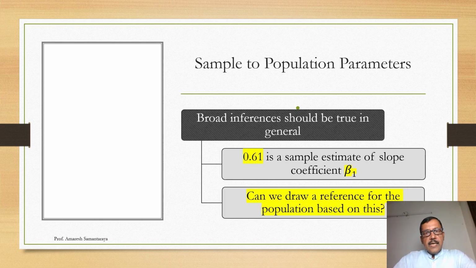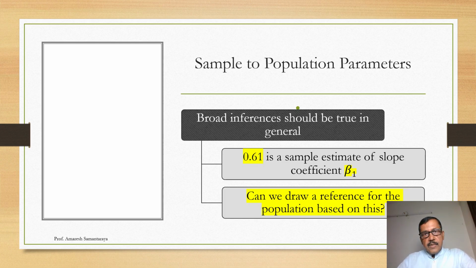On the other hand, if MPC is very low, like say 0.1 or 0.05, then a massive government expenditure stimulus may not be helpful to revive the economy quickly. So, for policy authorities, it is important to know in general what is the value of MPC.